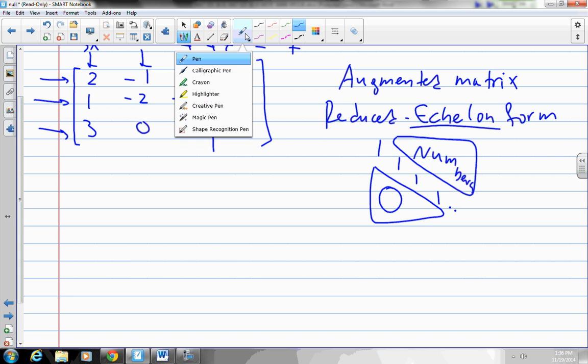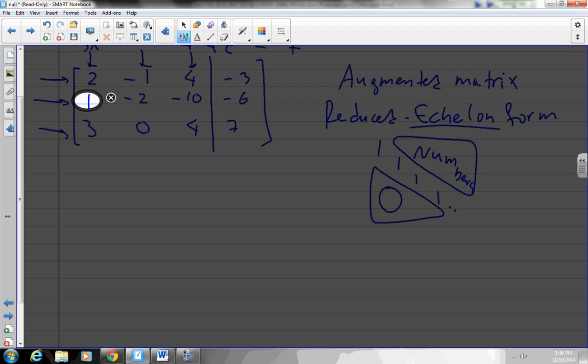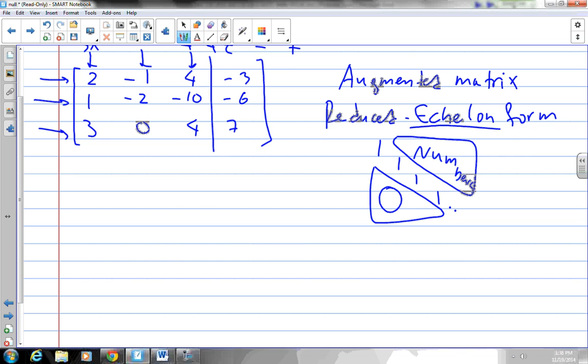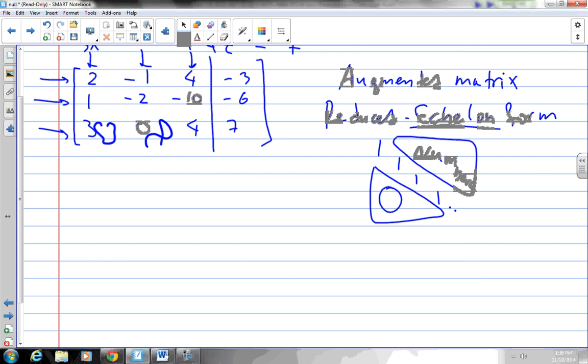I'm going to use the magic pen. Don't write anything down. I want this to happen: 1, 1, 1, with zeros below. All those numbers will change. Okay?